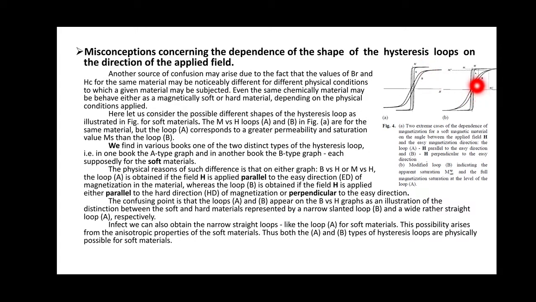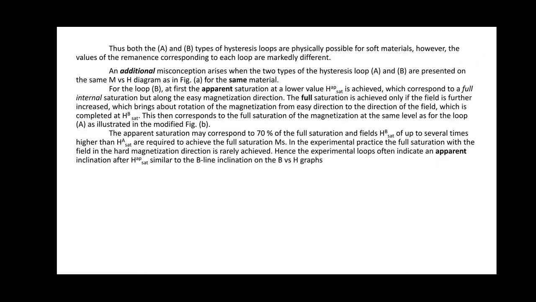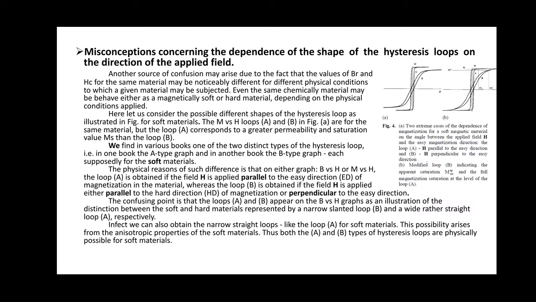So this is the saturation for loop A. This is the saturation for loop B. This is the apparent saturation.